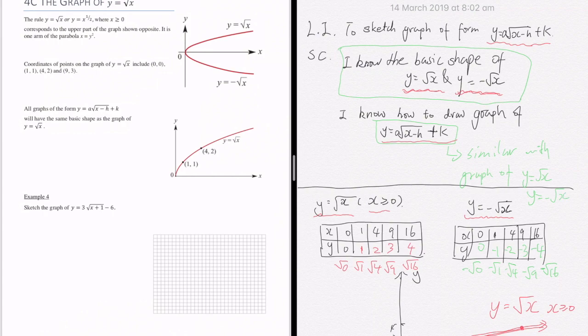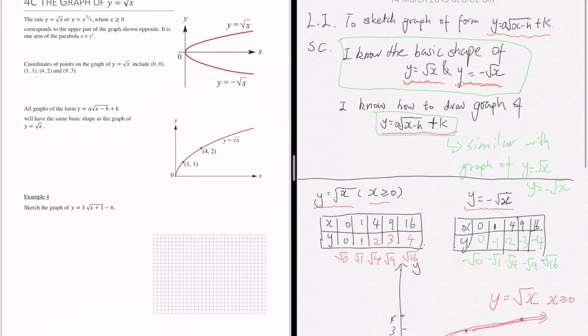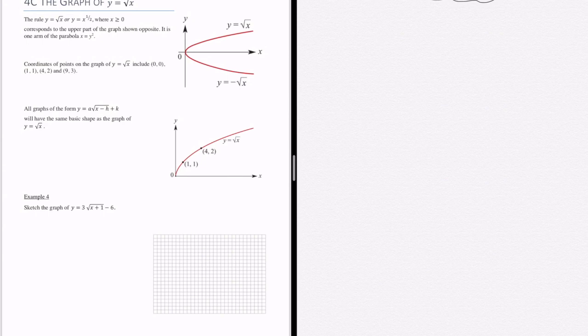There are a few steps that I can tell you. First of all, the general form is y equal to a times square root of x minus h, plus k. Now we know they come from those basic graphs.